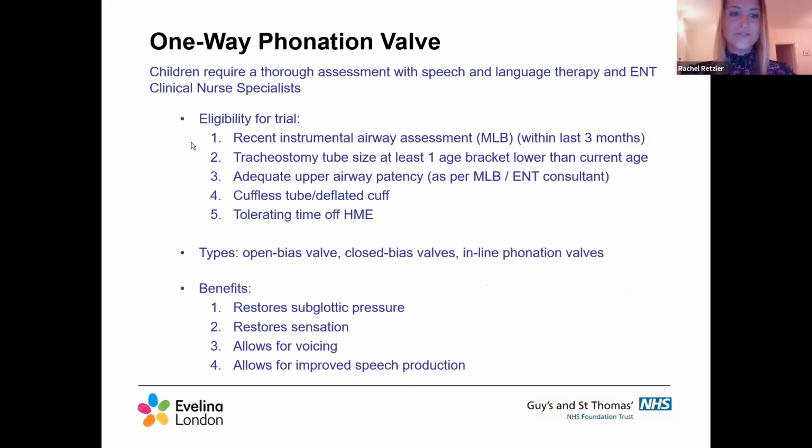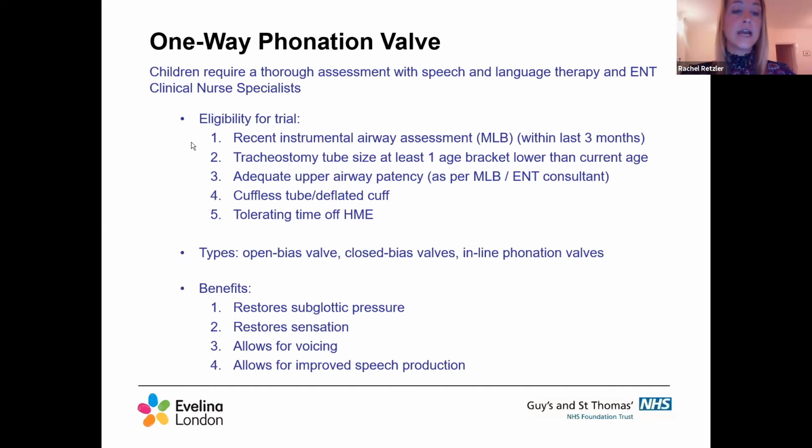With one-way phonation valves, it's really important to understand that every child requires a thorough assessment from a speech and language therapist, and ideally as an MDT with your ENT involved, as well as your ENT clinical nurse specialists, in order to determine if a trial of a valve is even appropriate.